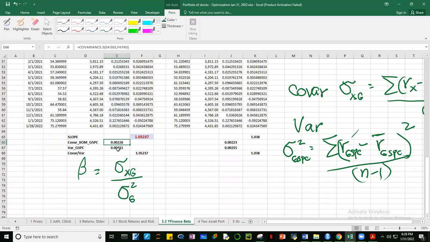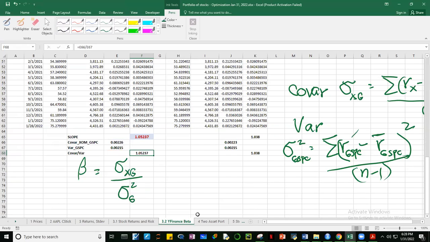So that's your covariance. Tapos ito naman, the variance of your GSPC. So consistent with the formula, ito yun, VAR.S ni GSPC. And when we get that quotient, it's equal to the covar of your Exxon and the GSPC divided by the variance of your GSPC, you get the slope, which is pareho lang, 1.05237.